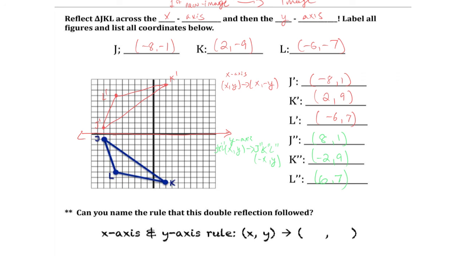If we graph these, we get (8, 1) for J double prime, L double prime at (6, 7).